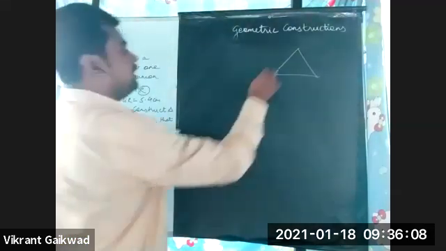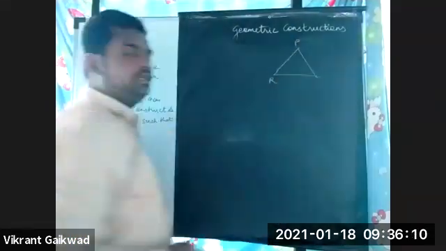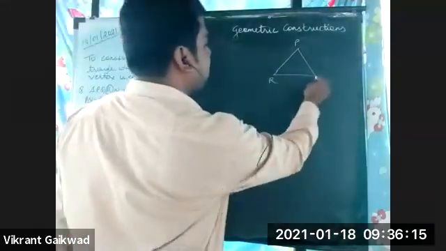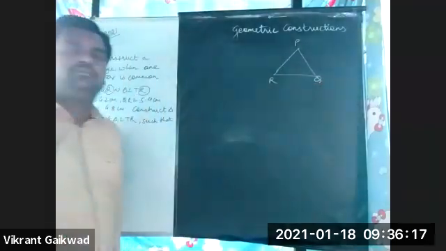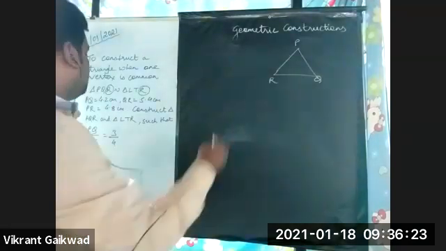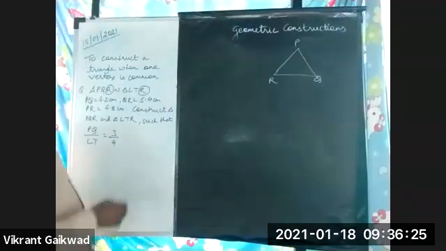So say we are drawing triangle PQR. We'll name that triangle as PRQ. Here, I just substitute all the values.